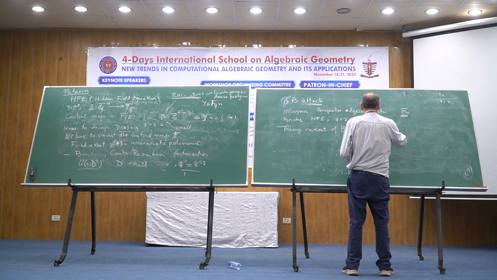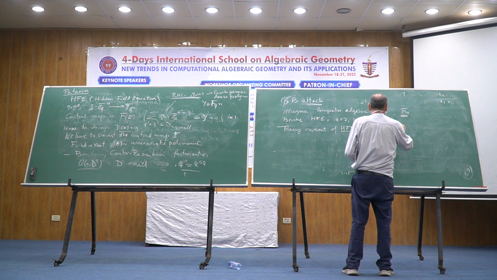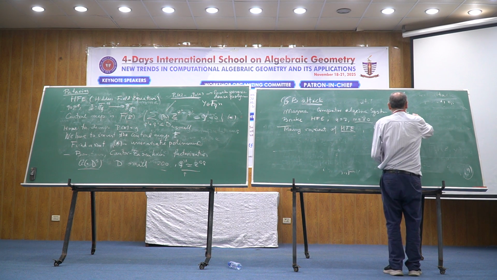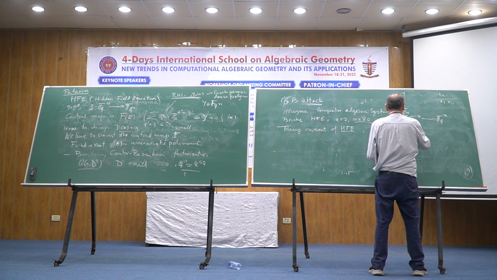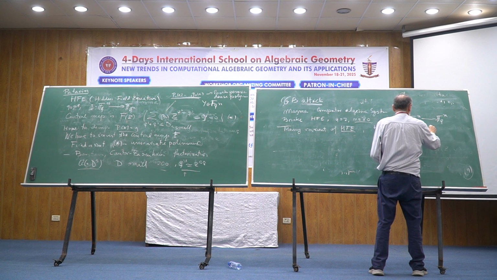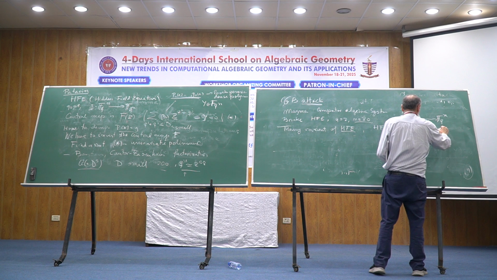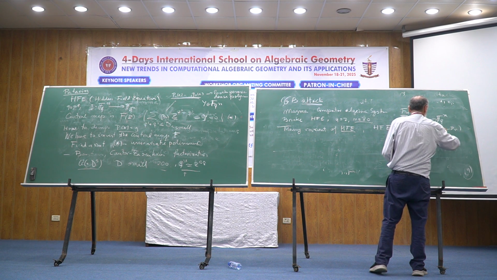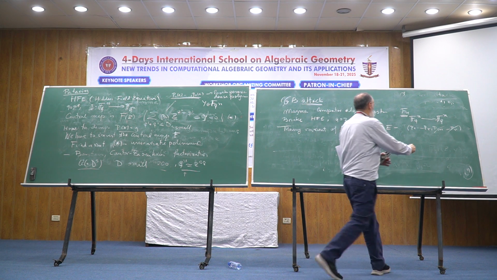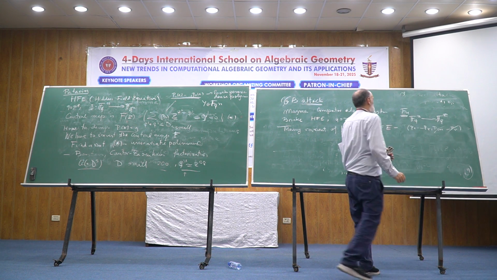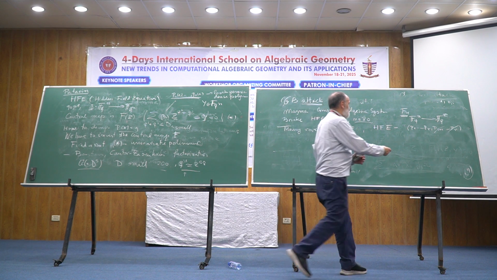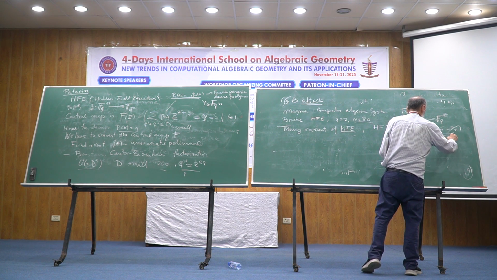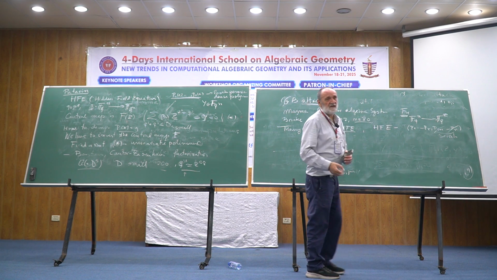One variant is what we call HFE minus, where you have F_q to the n and F_q to the n, okay, and minus means you just erase some of the polynomials: you have P1 to Pr, and you take out some of them, and you keep this secret. And this can be used for signature.